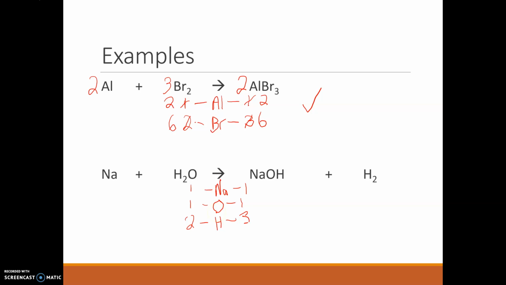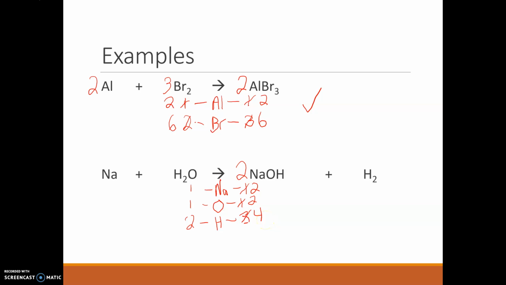I need to put a number out front, okay, so that I can equal this out. So it's probably easier to put a number out in front of this one. So if I put a 2 here, that's going to change my sodiums to 2, my oxygen to 2, and I'm now going to have 2 plus 2, I'm getting 4 now hydrogens.